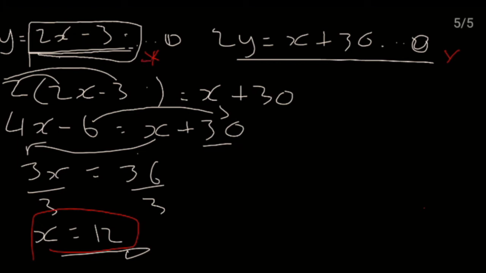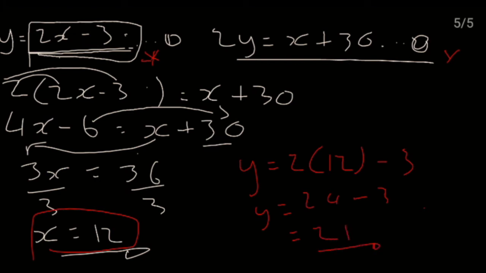So y equals 2 times 12 minus 3. Your y equals 24 minus 3, which gives you 21.